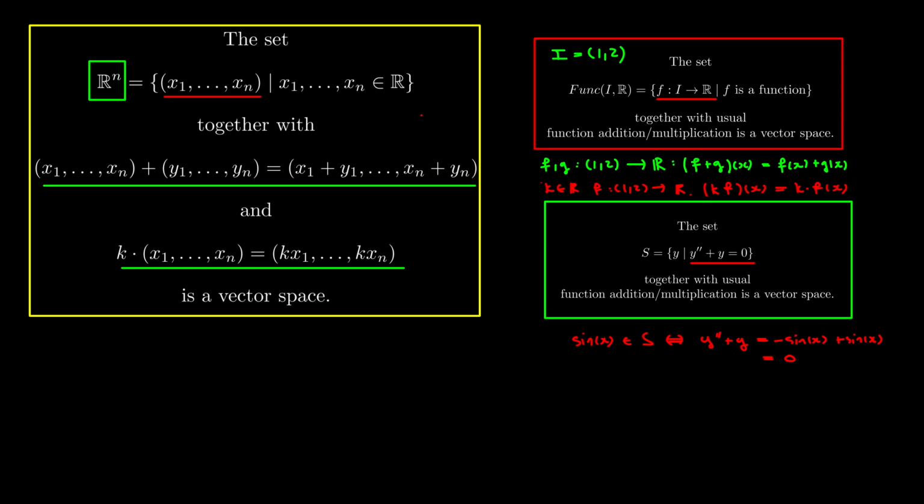And again, together with the same operations I defined over here, this will also turn out to be a vector space. The reason for that goes back to some of the previous videos we have already seen about differential equations.